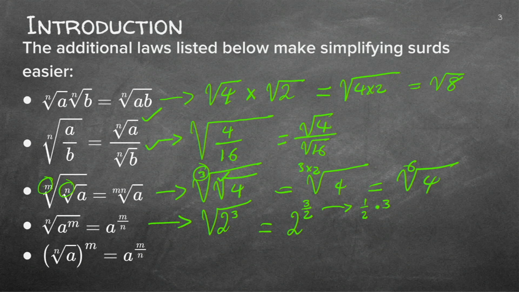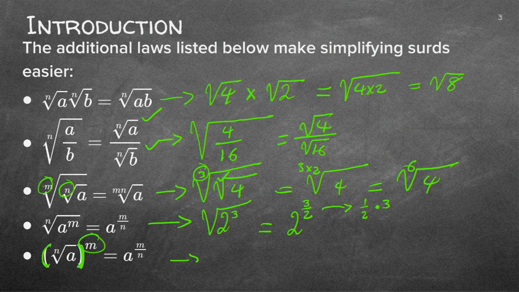The last rule that we need to understand for the day is similar to the one we are coming from. It says if you have a huge bracket, now for both the radical sign and also the value of a, and you have m there as a power, the same thing shall apply.